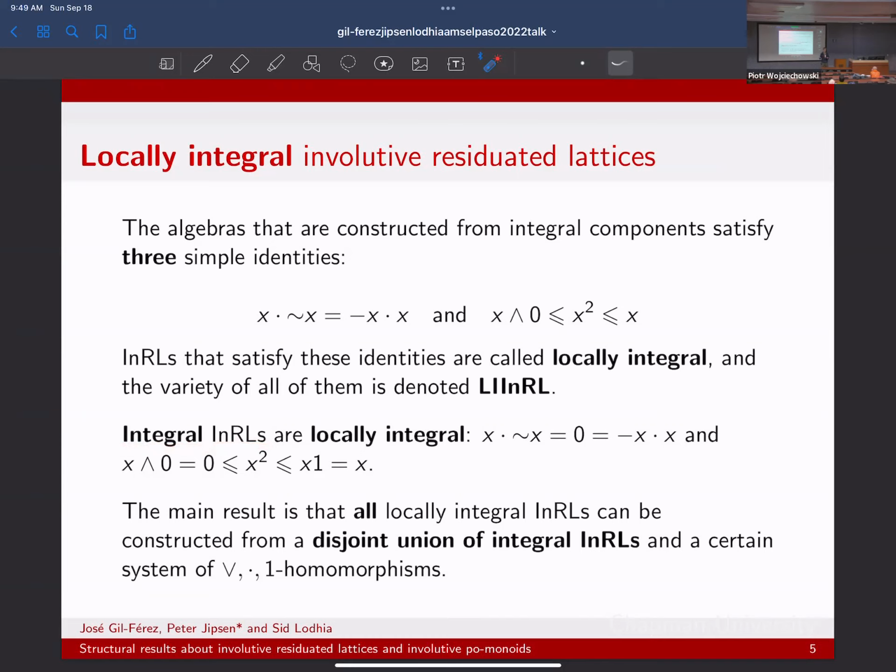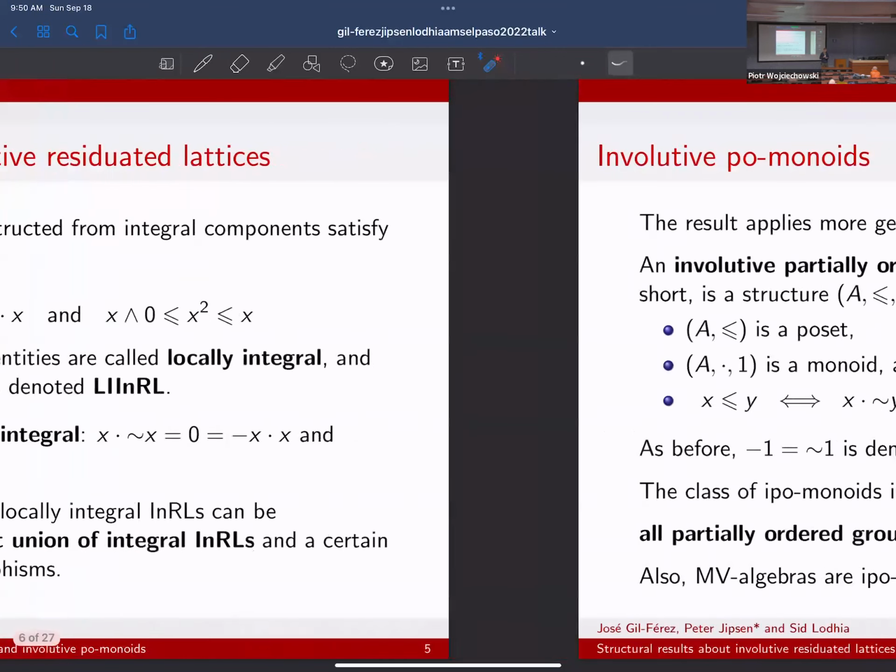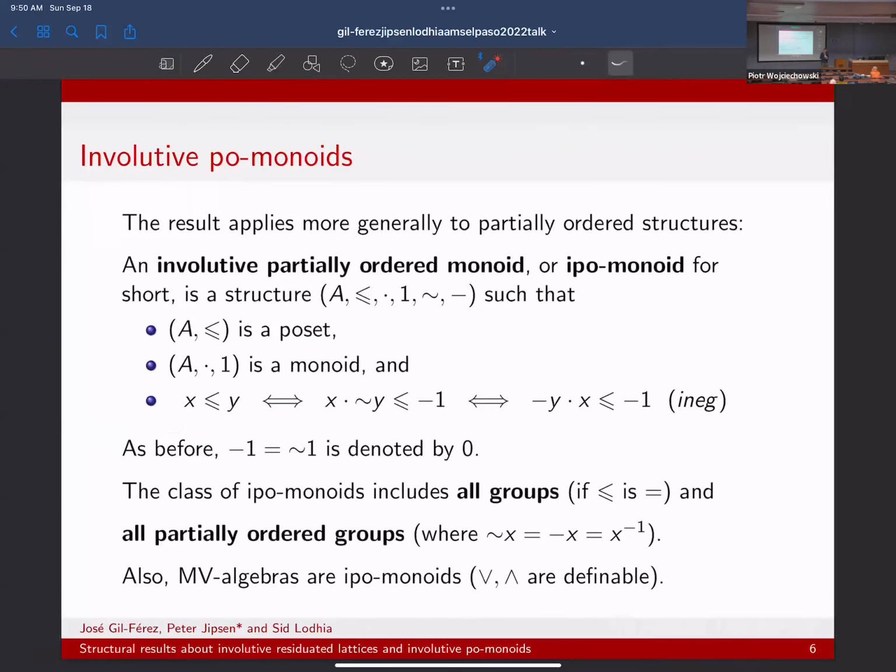So these are part of the variety, and the main result that we'll get to after some details is that you can build the remaining ones as a disjoint union, as you saw in the picture. The other realization is that everything works without the join semi-lattice.